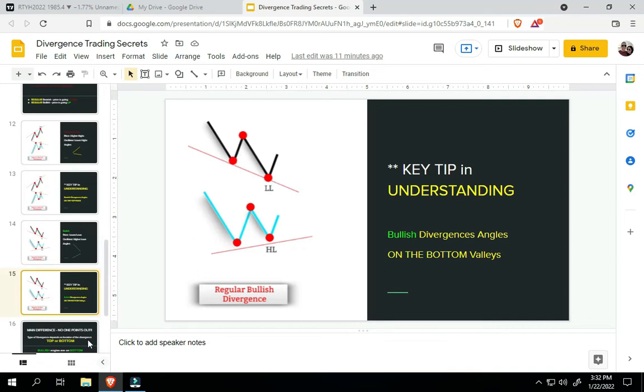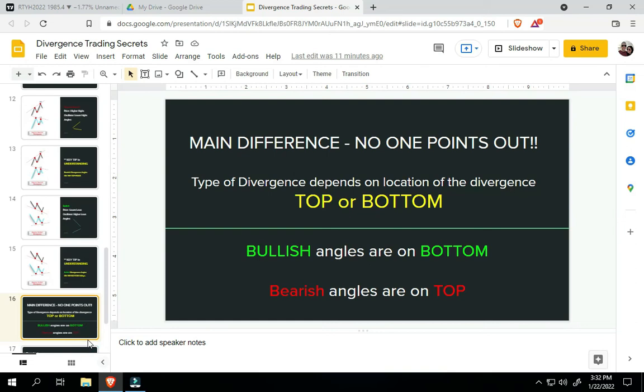Now, this is the main difference that no one has talked about. The type of divergence will depend on the location of the divergence, whether it's measured from the top, which will be the peaks, or the bottom, where the valleys are.